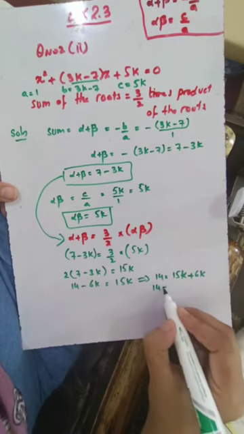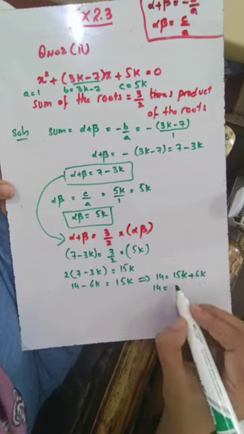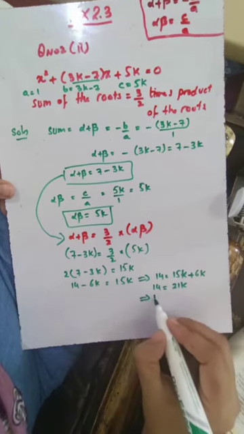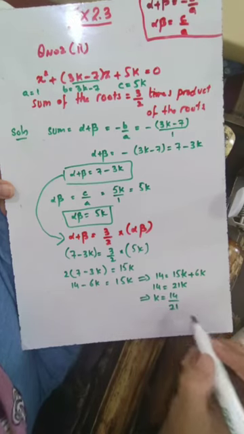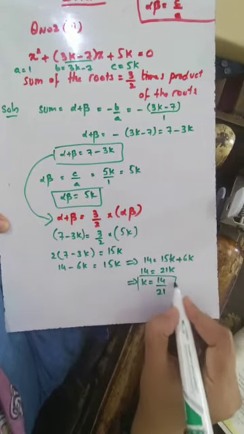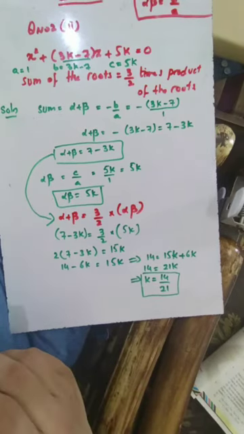This will be 14 equals 15 plus 6k, which is 21k. So this implies that the value of k will be 14 over 21. Now this is the value of k which they had asked us.